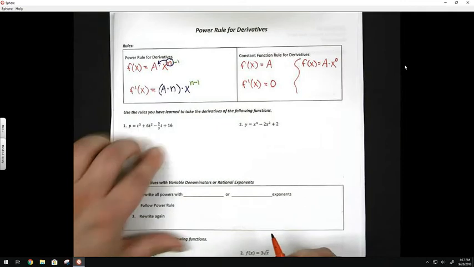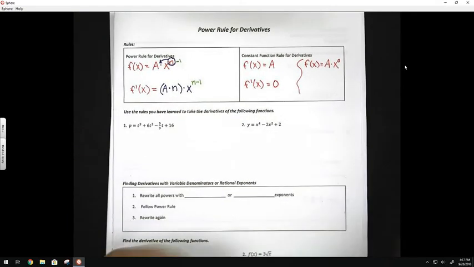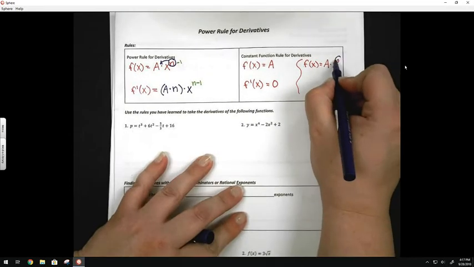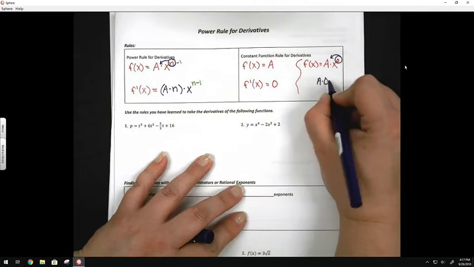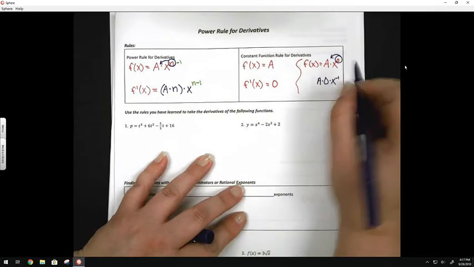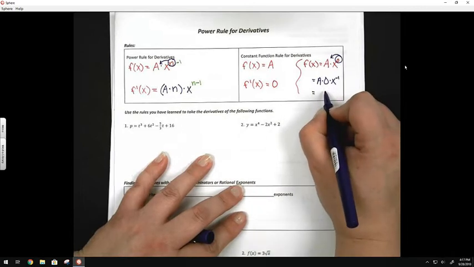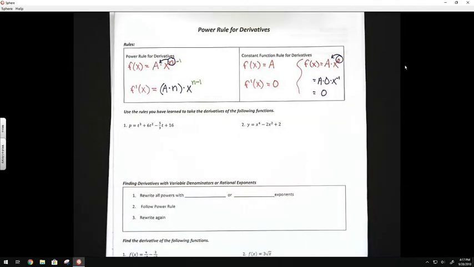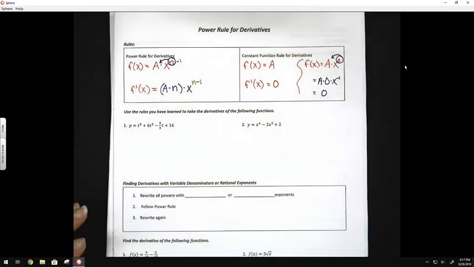If we use this rule, we drop our exponent, which is 0, and we would do a times 0 times x to the negative 1, and we know that anything times 0 is just 0. So if it's a constant, it really just goes away when we take the derivative because it becomes 0. Let's look at some examples.